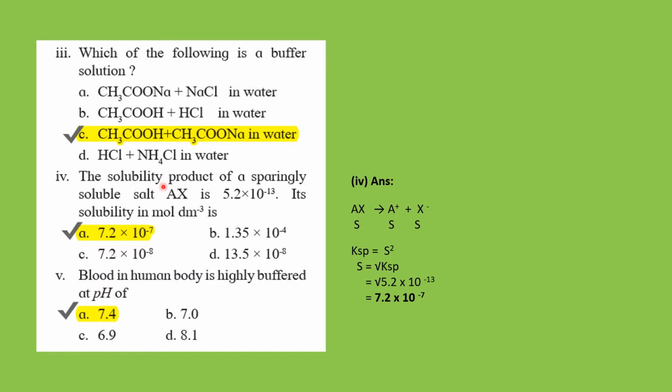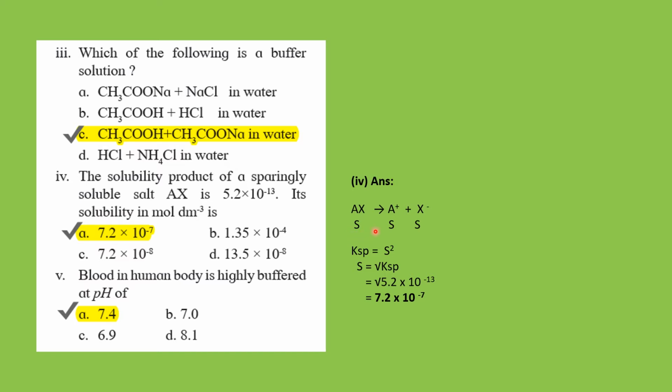Fourth question. Solubility product of a sparingly soluble salt AX is 5.2 into 10 raised to minus 13. Its solubility in moles per decimeter cube is. So if AX is a sparingly soluble salt, it undergoes partial ionization as A plus ions and X minus ions.